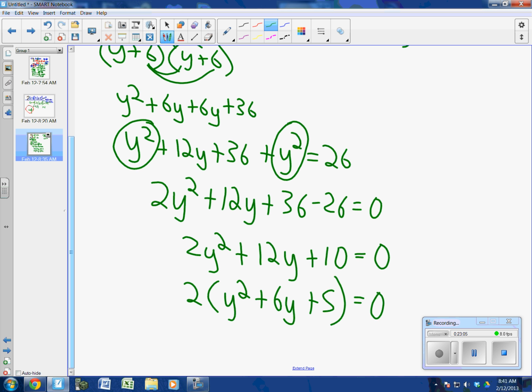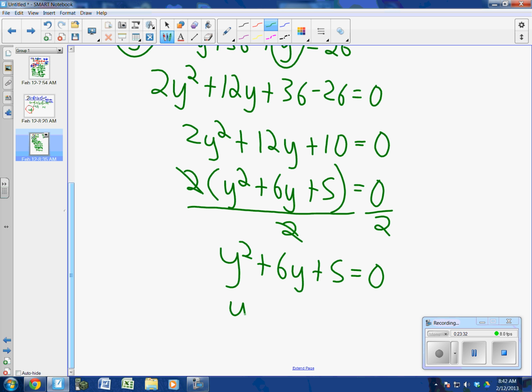And this becomes a very nice problem to factor because I can divide both sides by 2 right here. And those cancel out. And I get y squared plus 6y plus 5 equals 0. And that's an easy problem to solve by factoring, isn't it? What two numbers can I times together and get 5 and add together and get 6? 5 and 1.